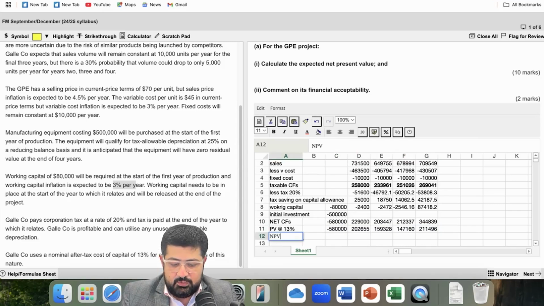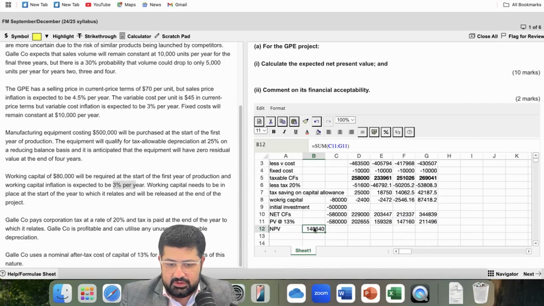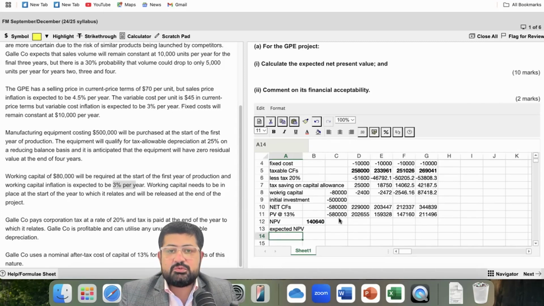So NPV, net present value, sum from here to here. So this is the expected NPV, because we have taken expected number of units sale.